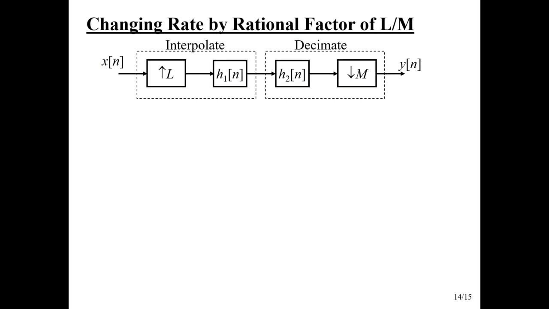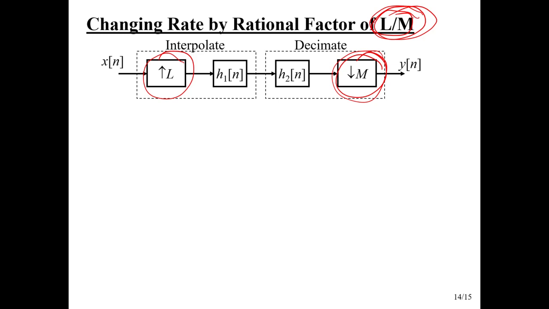We've got two slides left, and there I want to talk about another form of multi-stage approach. I alluded to this in the previous note set, the fact that we can interpolate by L and then decimate by M to get a rate change of L over M. And you almost always want to go up first and then down because, if this is our target and we went down by M first, so much aliasing will happen, we'll never recover it.